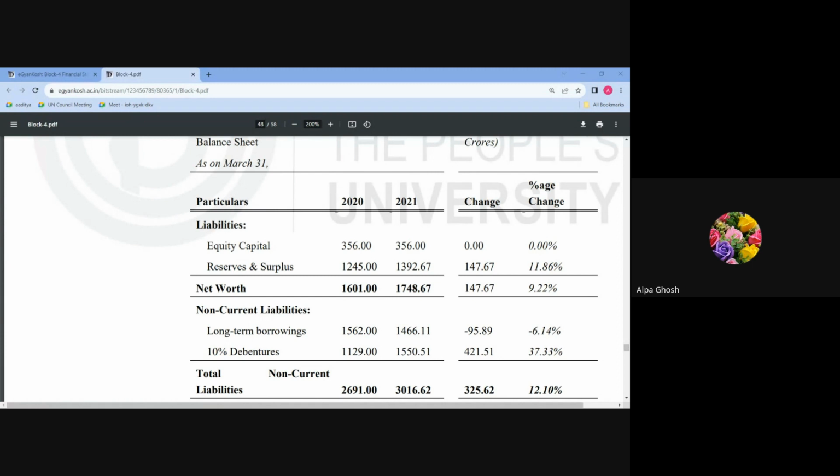So now you try to find out the percentage change. Percentage change is calculated on the basis of the proportionate formula. You just compare this 147 with the previous year and multiply it by 100, and you will get the answer. Just check, are you getting the answer?